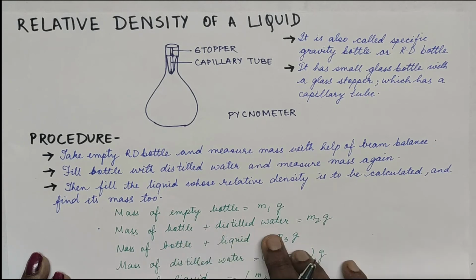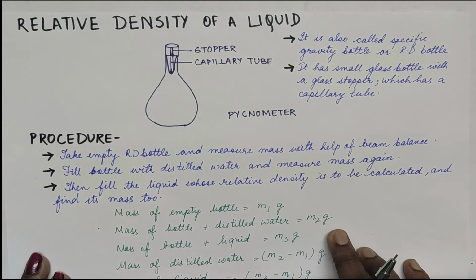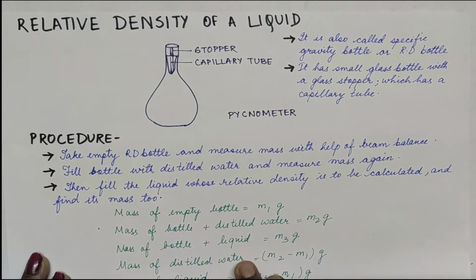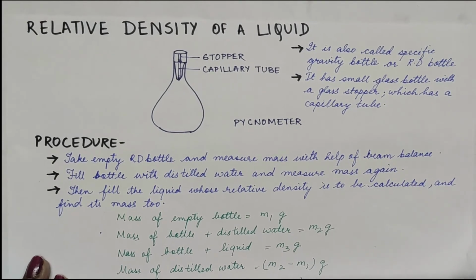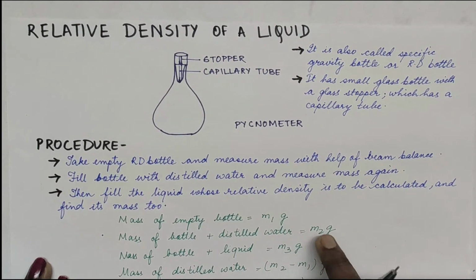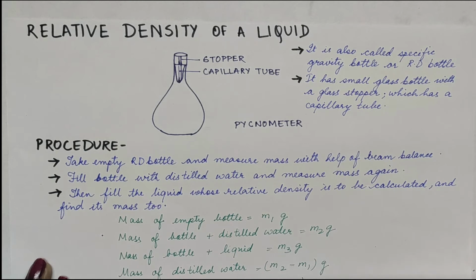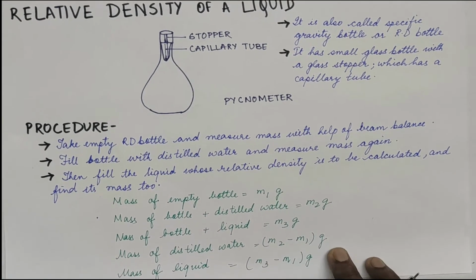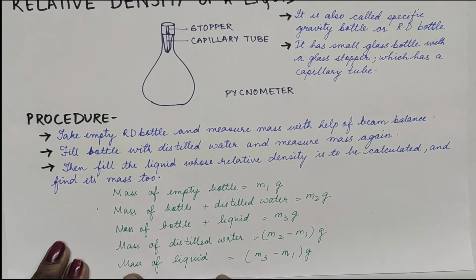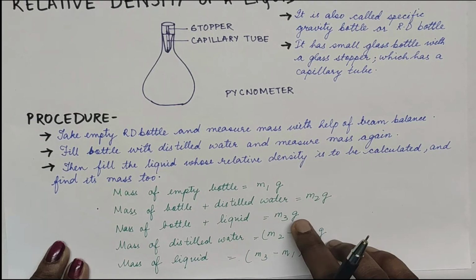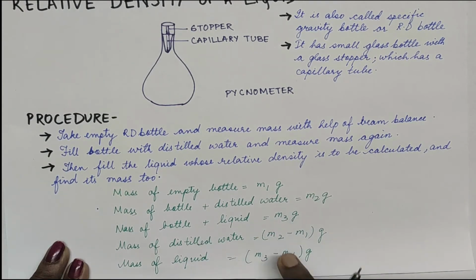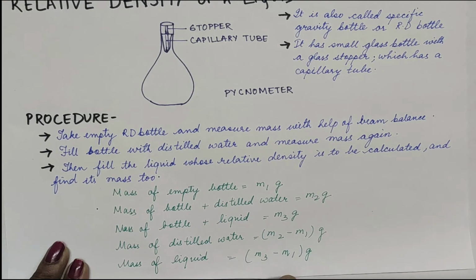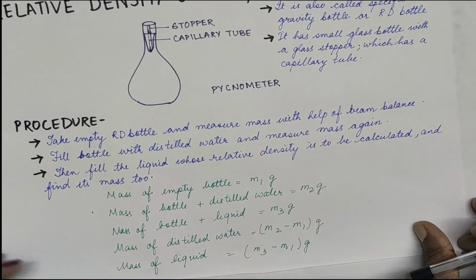If the bottle and the distilled water together measure m2 gram, and the bottle and the liquid measure m3 gram, then the mass of the water is m2 minus m1. And the mass of the liquid is m3 minus m1.